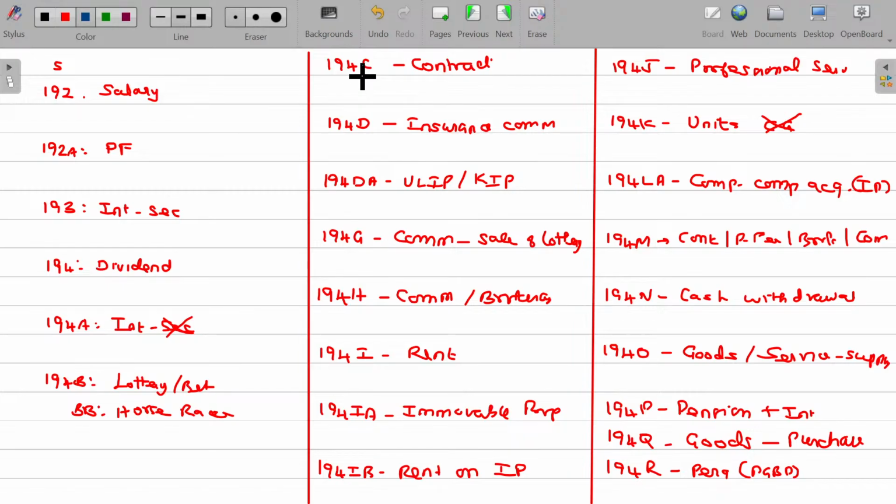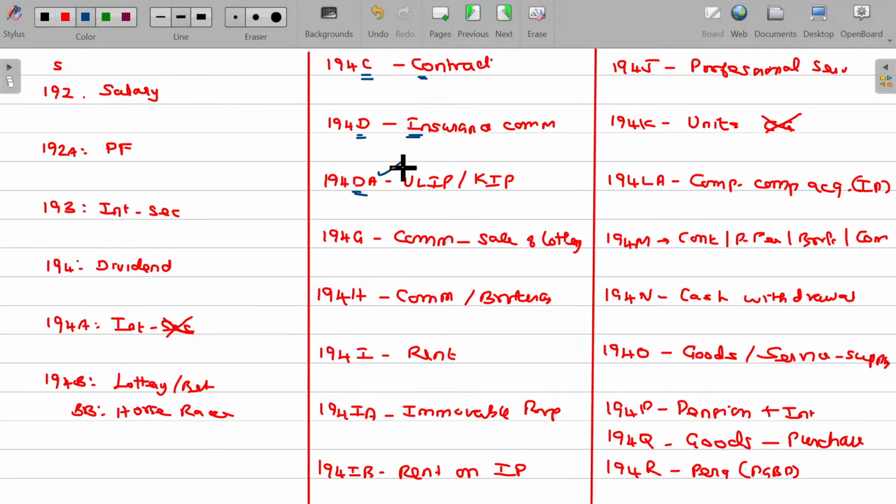195, 194C for contract. D, always the insurance agent will come. If you die, then you will get more benefit. Not yourself, your legal heir will get the benefit. D for death, commission. That's how you can remember. And DA, the amount invested, you are getting in annuity form.